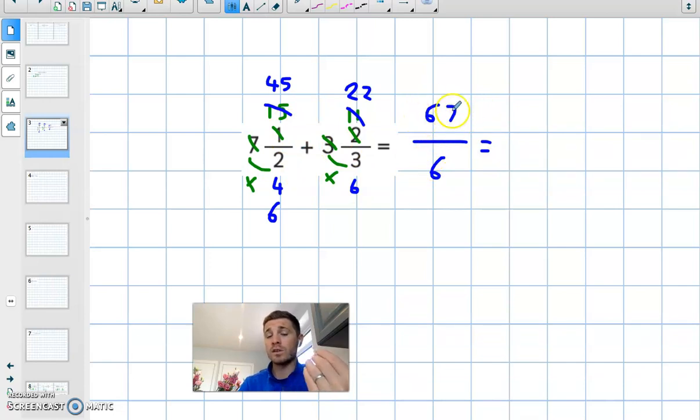And I know that if I divide 67 by 6, there are 11 6's in 67, and that gives me 66. If I take 66 away from the 67, I'm left with a remainder 1. So that 1 now becomes my new numerator, and the denominator always stays the same. So I'm left with 11 and 1/6 as my answer.